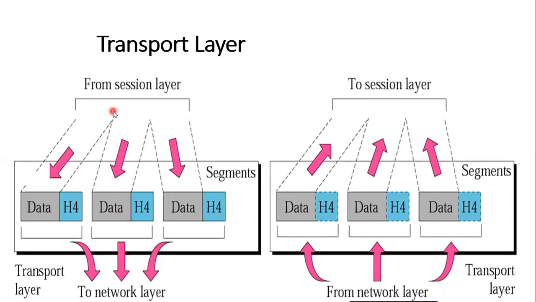This layer receives the data from the session layer and breaks up the large messages into small packets, and then transmits them to the network layer. On the other end, the data received from the network layer by the transport layer is passed to the session layer.